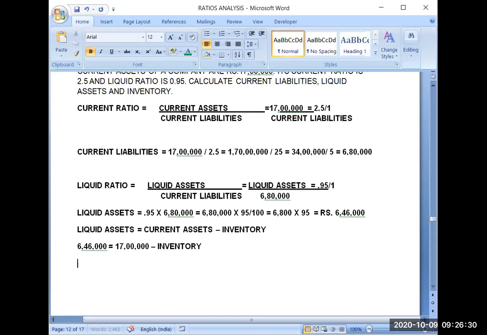So this equation will become, inventory will come this side, inventory is equal to 17 lakh minus 6,46,000.